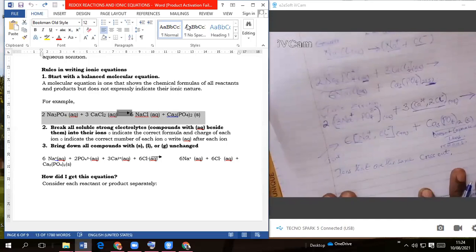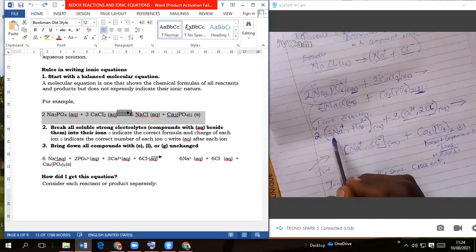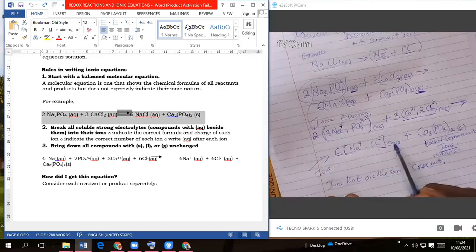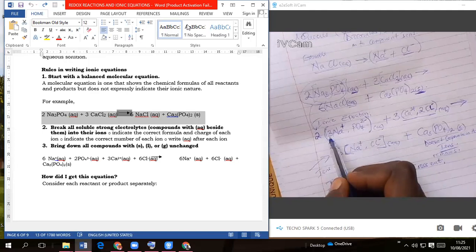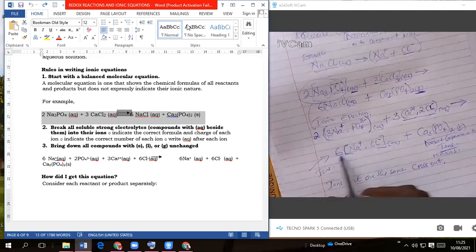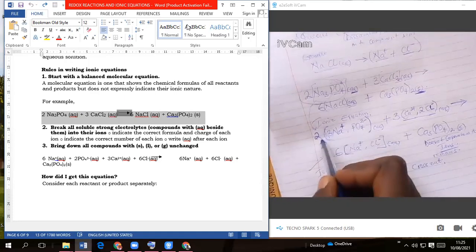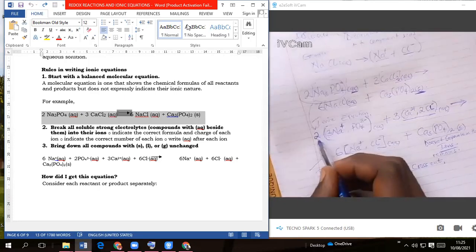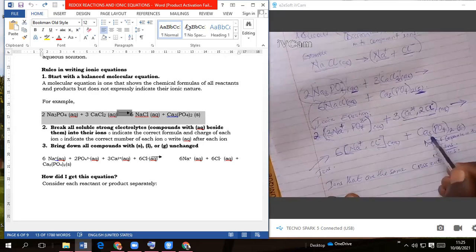So let's look at that. At this level, we have 2 times 3, 6 sodium ions in aqueous state. Here we have 6 sodium ions, so the sodium ions cross each other out. Secondly, we have 2 phosphate ions. Check this side. Do we have phosphate ions?